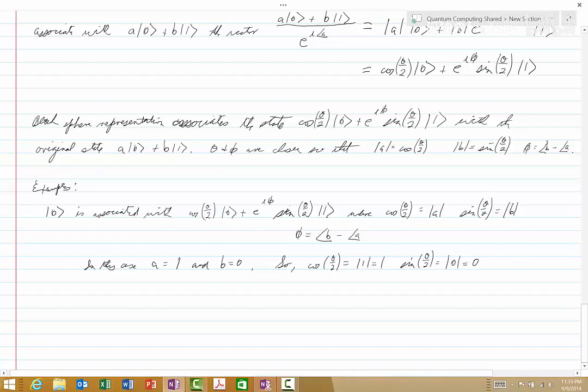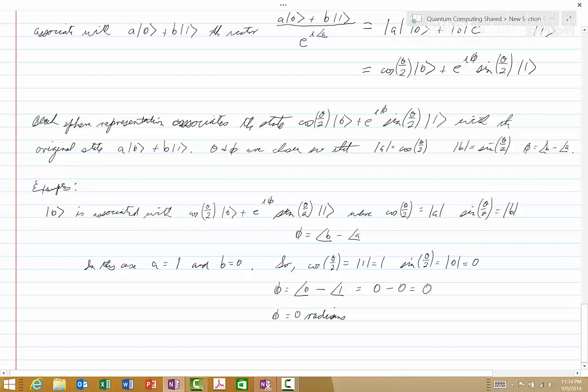And phi is equal to the phase of 0 minus the phase of 1. And the phase of 0 is simply 0 radians. The phase of 1 is 0 radians. And so this is 0 minus 0, which is 0. And so phi equals 0 radians.